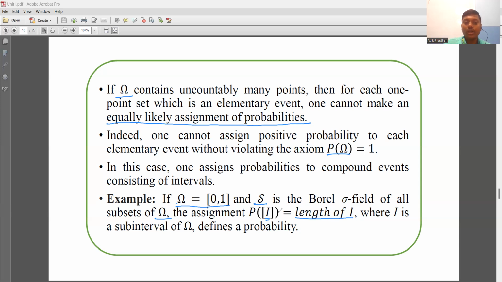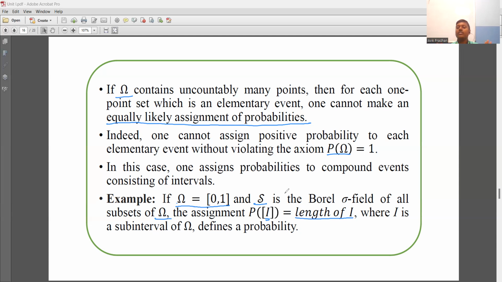So this approach to assign the probability of an event does not depend on those two assumptions, or those two limitations, which were there for the classical approach.